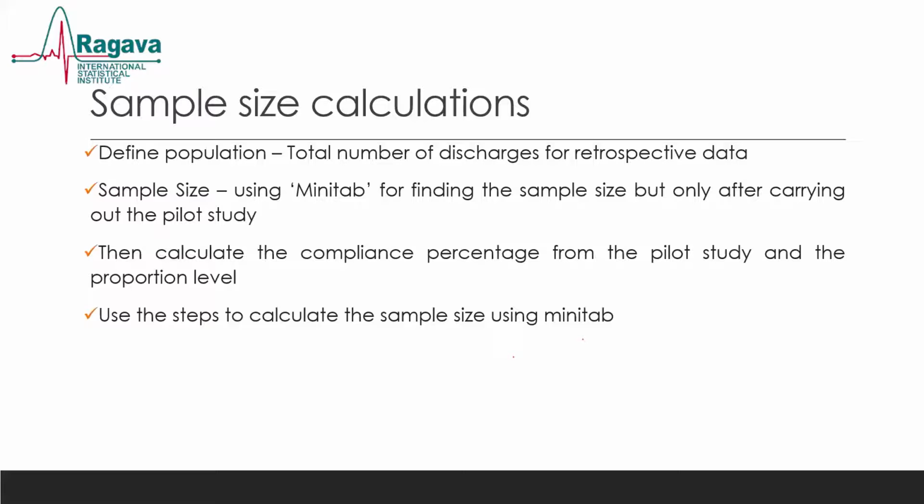Depending on the purpose of your retrospective chart review, you need to calculate your compliance percentage from the pilot study. From your compliance percentage, you will arrive at your proportion level. And after you have your pilot study done and your compliance percentage calculated, you can use your Minitab.